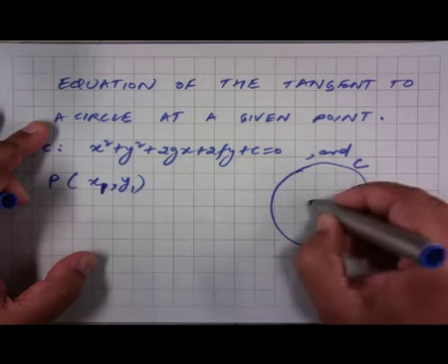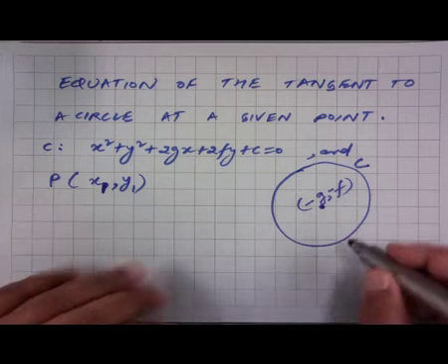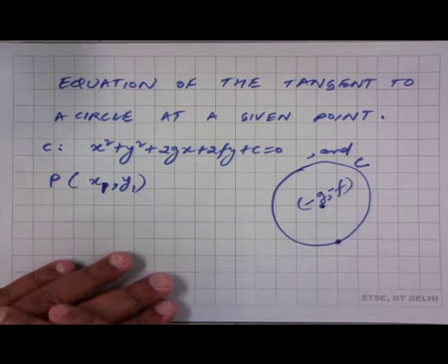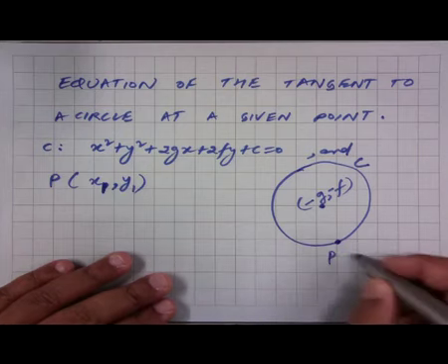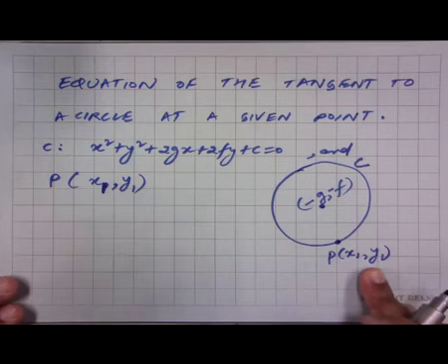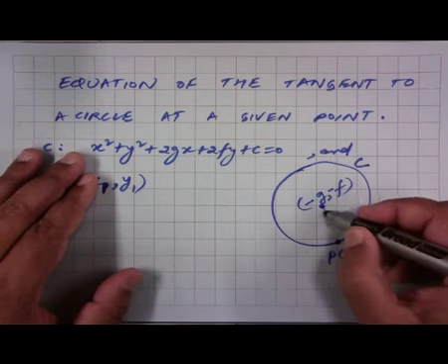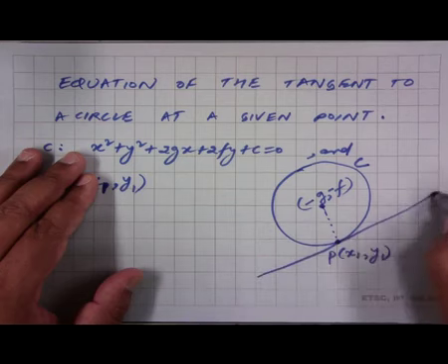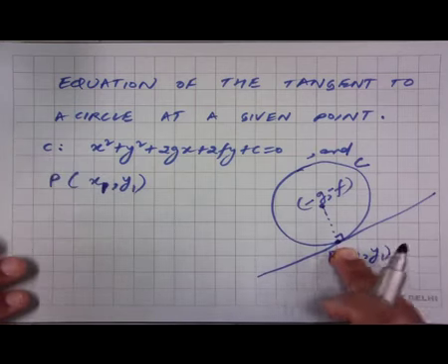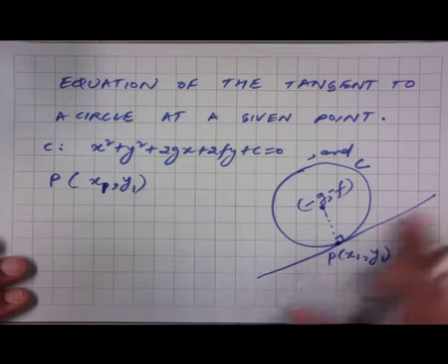So, we have this circle here, the center as minus g, minus f, and we have a point P which is on the circle having coordinates x1, y1, and we would like to find the equation of the straight line, which is the tangent to the circle at this point P. So, this is the tangent, and we want to derive the equation of this tangent.